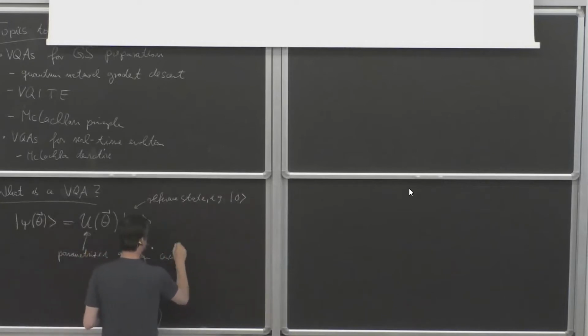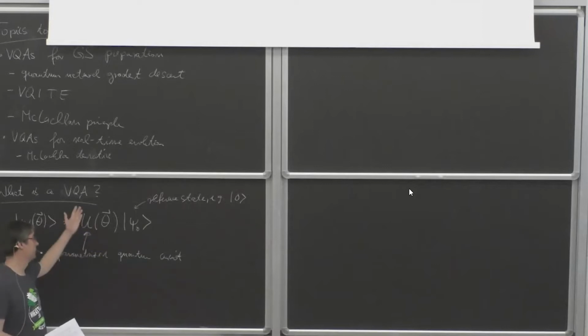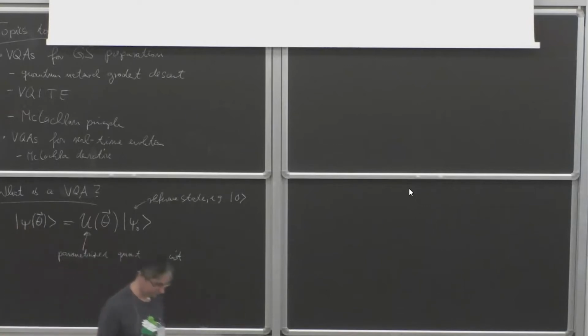You see already that variational quantum algorithms are to some extent very heuristic, because what I will find depends to a large extent on my choice of this U of theta. If I pick the wrong ansatz, then I probably will not be able to get a good approximation of the ground state.